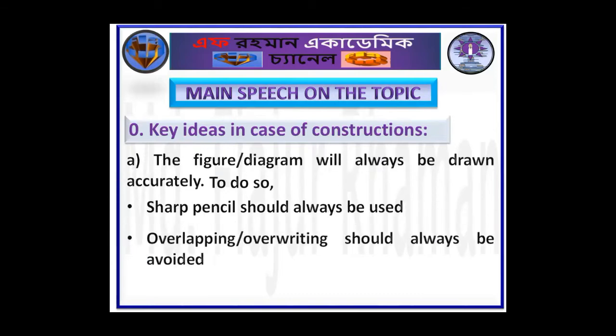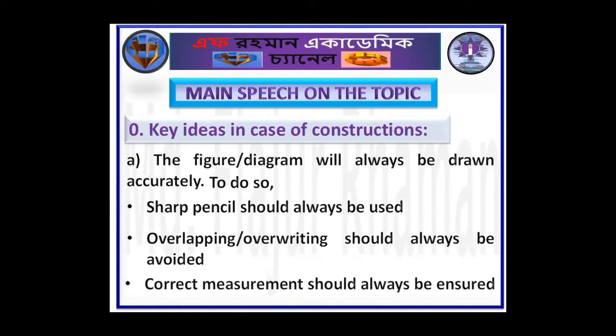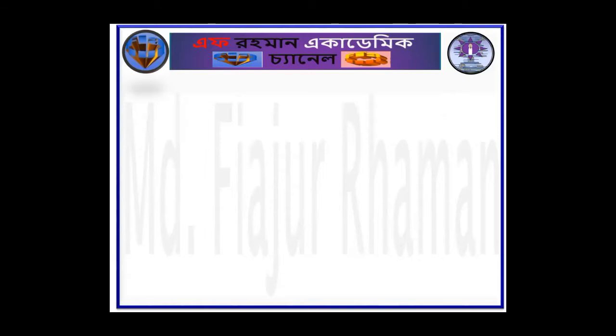Overlapping or overwriting should always be avoided. Correct measurement should always be ensured. Dear learners, I can tell you, if you maintain these three things, you will get the full marks.